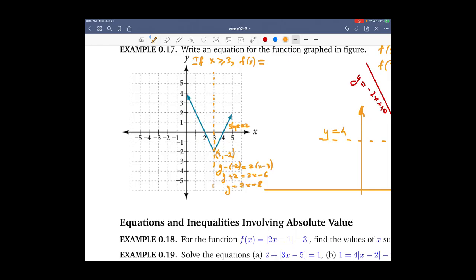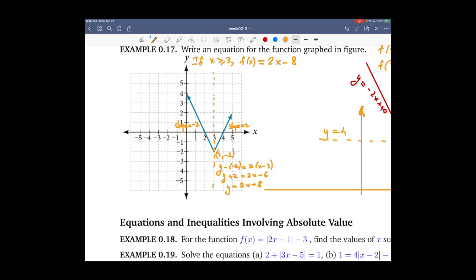So to the right of 3, our function has equation f equals 2x minus 8. To the left of 3, we have a similar situation, except that now the slope of that line is -2. As you increase x by 1, you drop in value by 2. So that means slope here is -2.